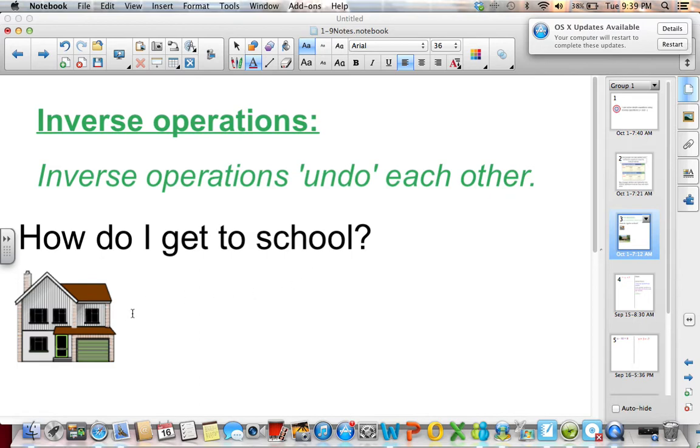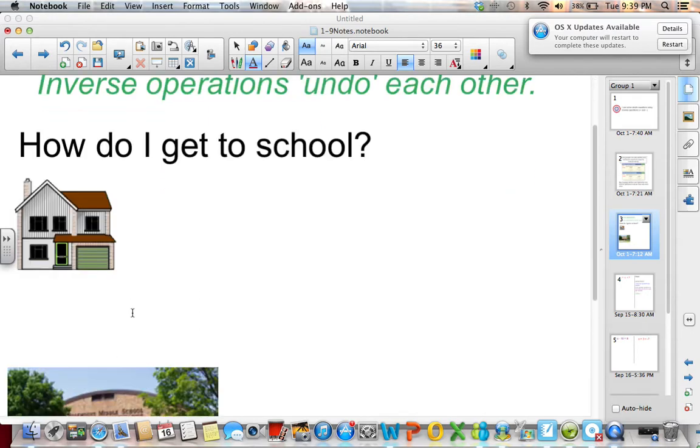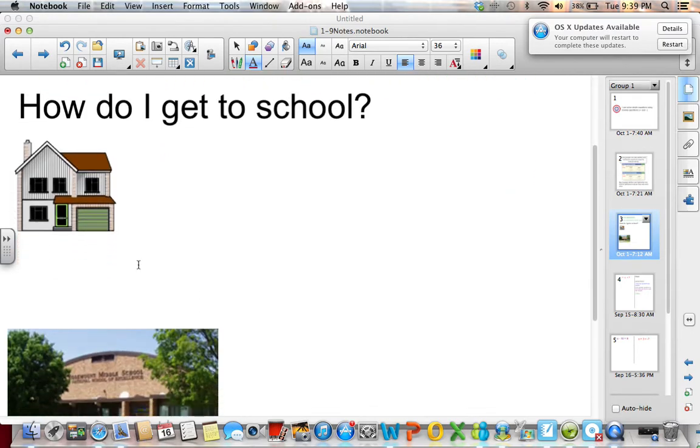So you start at home. I'm going to pretend that I'm starting at my house and I'm going to Rosemont Middle School. Okay? I'm going to type this so it doesn't take me forever. If I leave my house and I get to the main highway, which is 46, I take a left on 46.